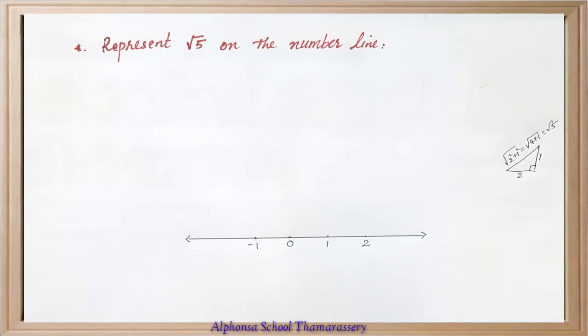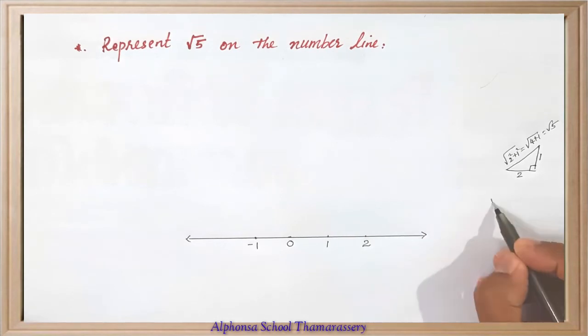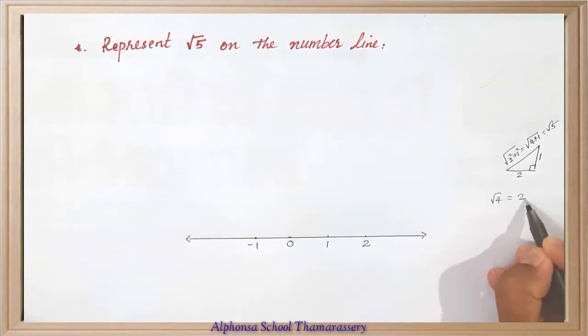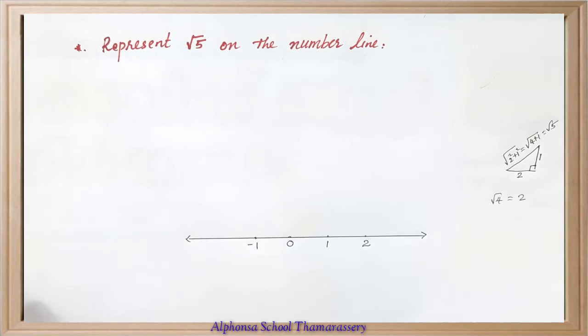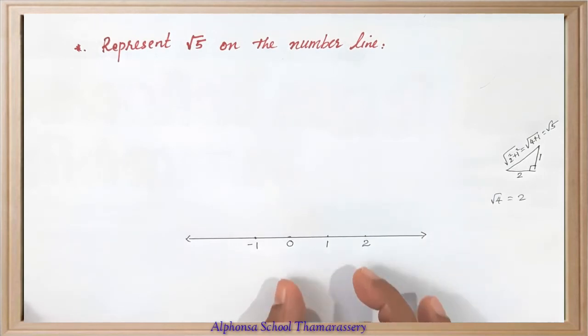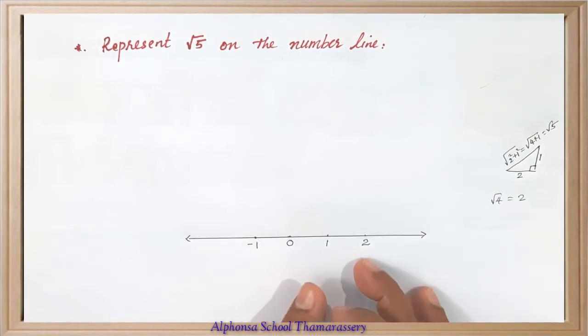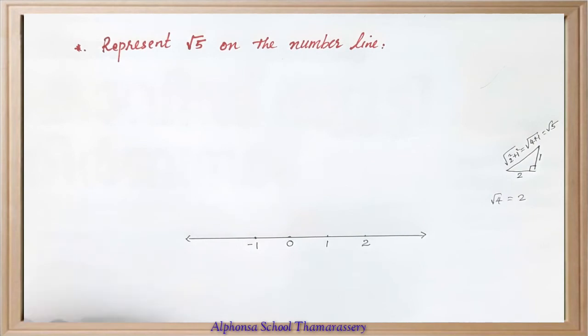So after root 4 only we are able to represent root 5. We know that root 4 is equal to 2. So you can directly take 2 units. So instead of representing root 2 and root 3, directly you can represent root 5.